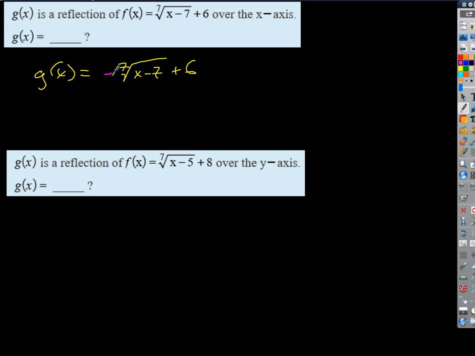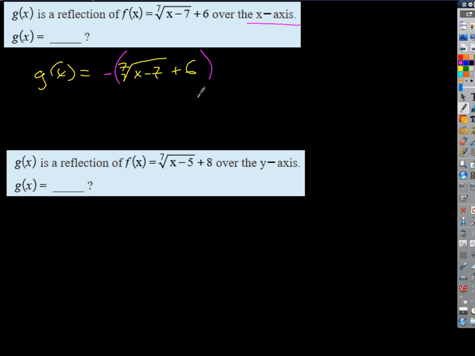That would be a negative value of a, wouldn't it? It flips vertically, but it doesn't go clear over the axis, right? All it's going to do is flip it over its vertex, or its special point. If I want to flip clear over the x-axis, I've got to multiply the whole y value by -1. Okay, does that make sense?